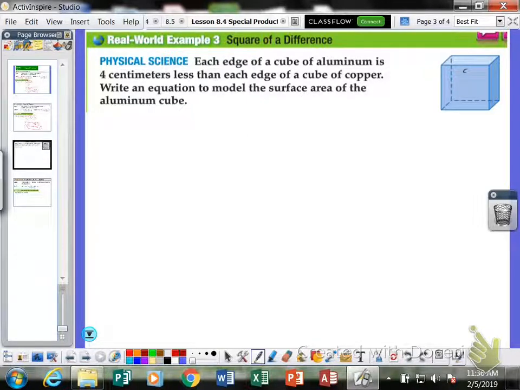Alright, so for our next one, we have: each edge of a cube of aluminum is 4 centimeters less than each edge of a cube of copper. Write an equation to model the surface area of the aluminum cube.